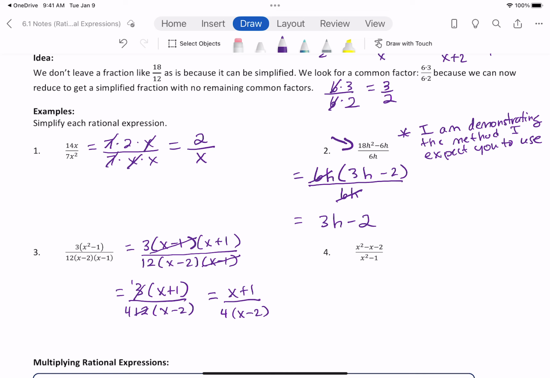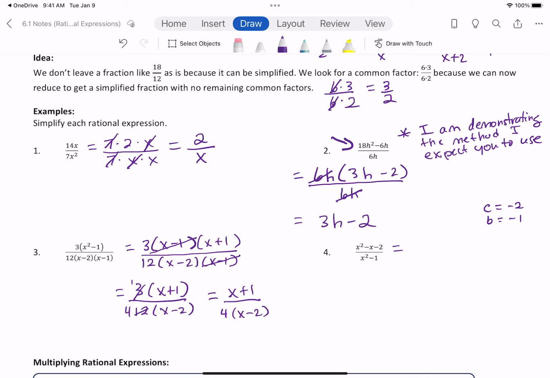All right, the last one of these, if I look at the numerator here, this is a trinomial with a equal to 1. So we know that c is negative 2. I want to be able to find factors that will add to a b of negative 1.